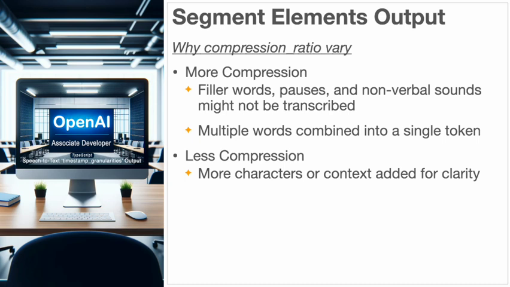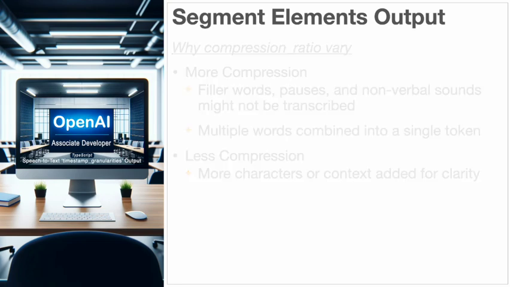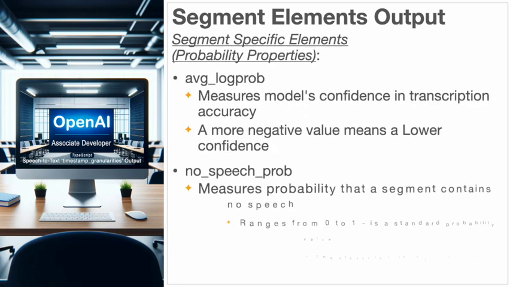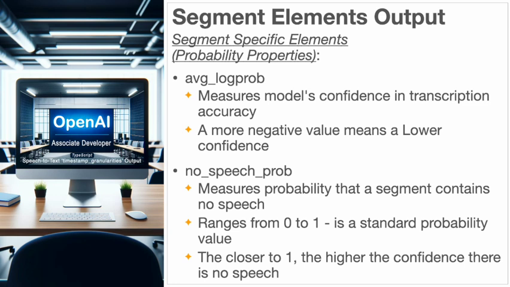Okay, now let's look at the probability parameters. There are 2 probability parameters in the segment output. 1, the avg log prob parameter, and 2, the no speech prob parameter. The average log probability is a measure of the model's confidence in the segment's transcription accuracy. If you recall from our earlier discussions, logarithmic probabilities are used because they can handle very small numbers more effectively.